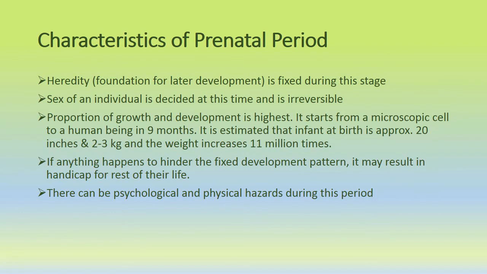The growth starts from a microscopic cell to a human being, and that takes place in 9 months. It is estimated that the infant at birth is approximately 20 inches in length and 2 to 3 kgs in weight, and the weight increases 11 million times from the beginning. So that is a very characteristic feature of the prenatal period, that the rate of the growth is very high.